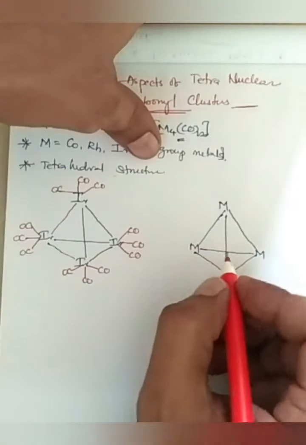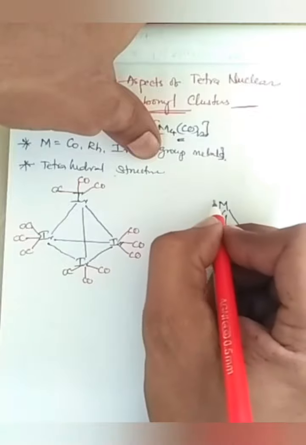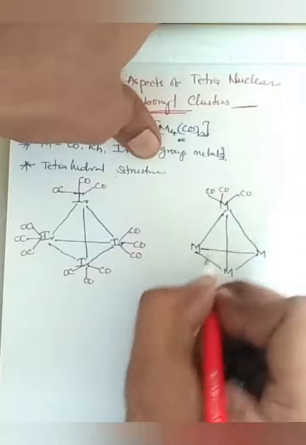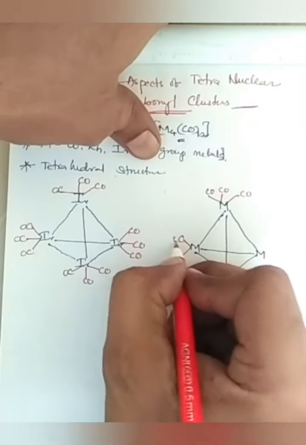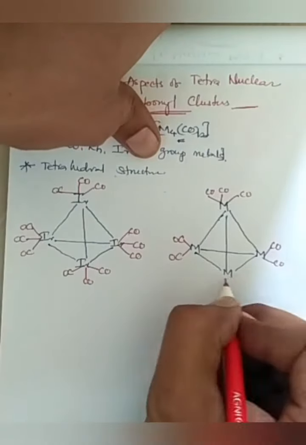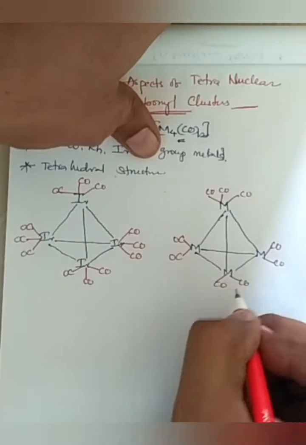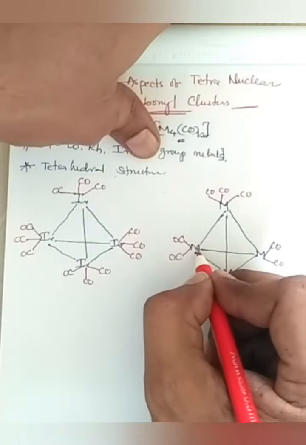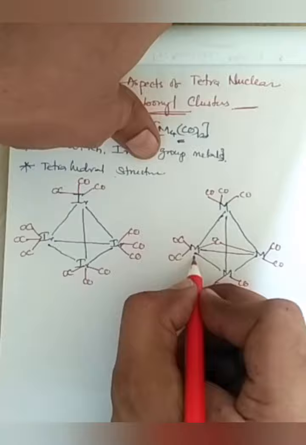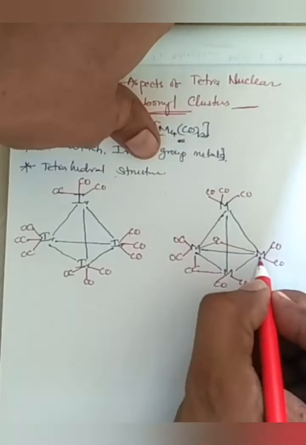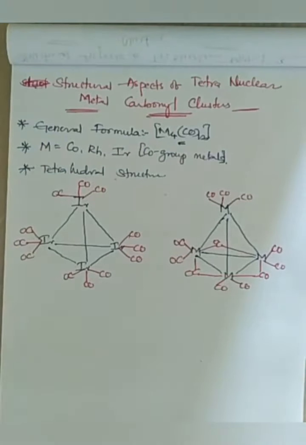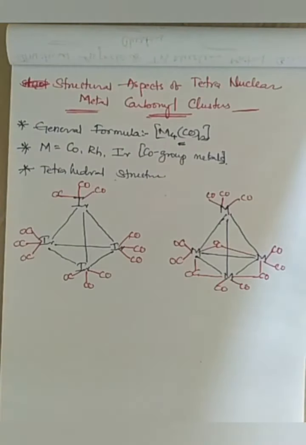One of the metals will have all 3 terminal carbonyls, whereas the other 3 metals will each have 2 terminal carbonyl bonds and 2 bridged carbonyl bonds, like this. It would have this structure.